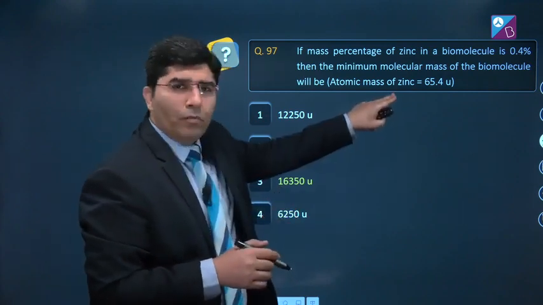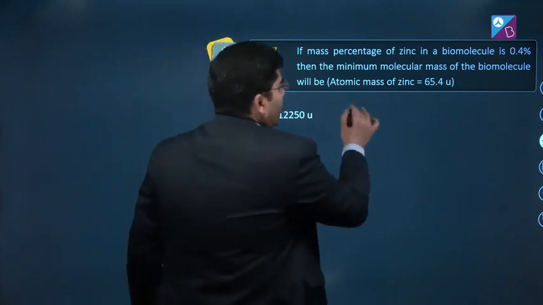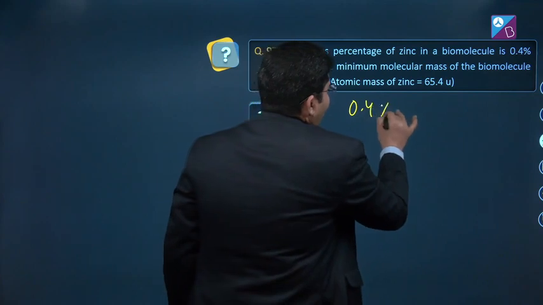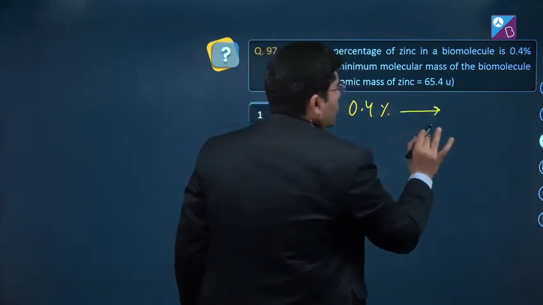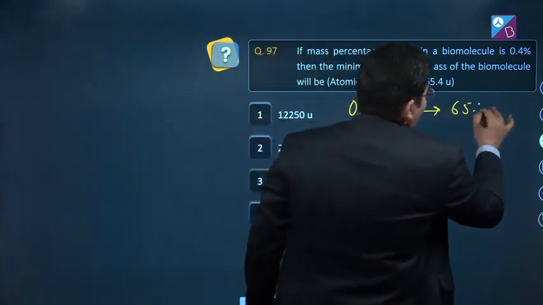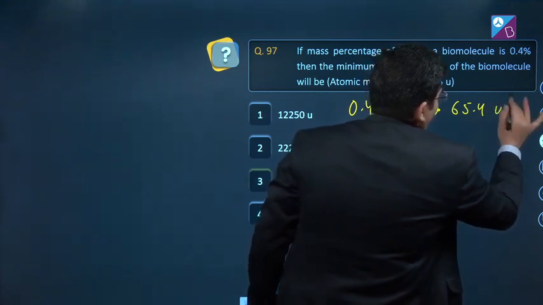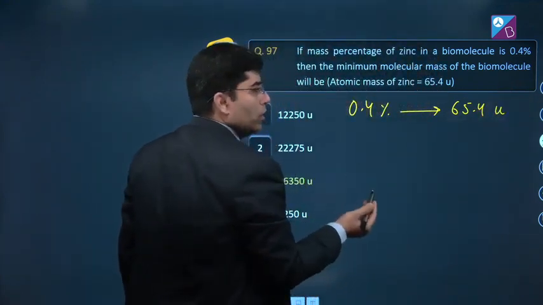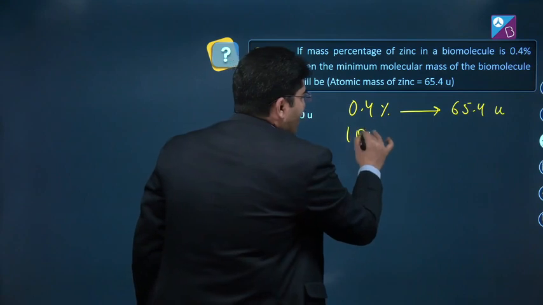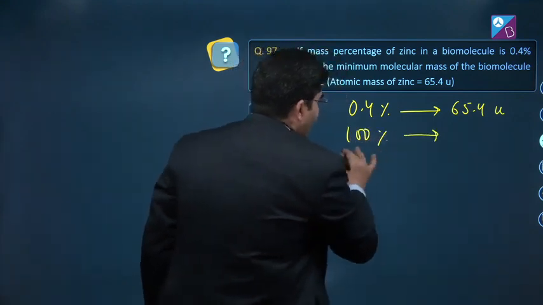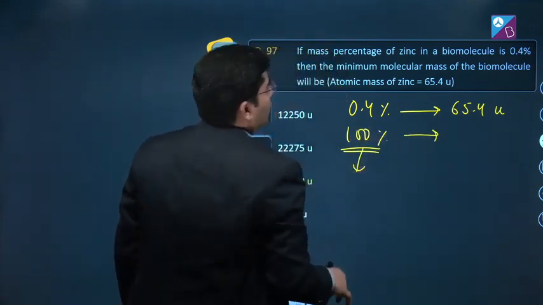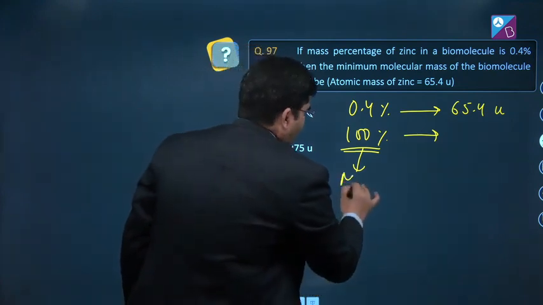That is 65.4. So we can say that 0.4% of zinc corresponds to 65.4 u. Then 100%, if we find 100%, this mass will be that molecular mass.